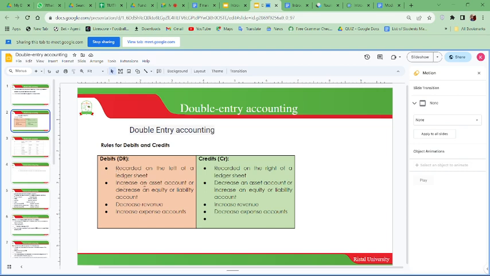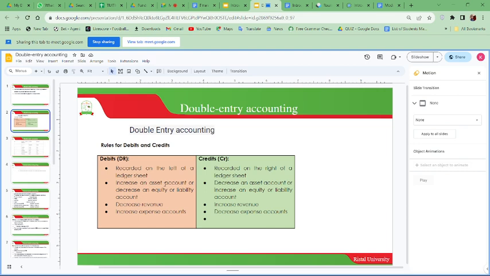An increase in debit increases an asset account or decreases an equity or liability account. So when we are recording a transaction on the debit side, if the transaction increases assets, we record it under debit side.